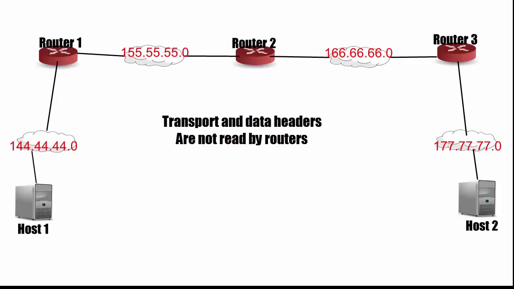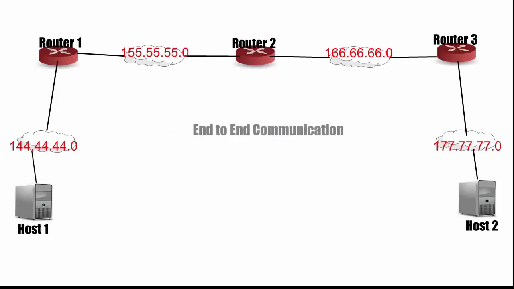The transport layer, along with the application layer, is called the end-to-end layers because they are only looked at by the endpoint hosts. But the network layer, the data link layer, and the physical layer are called host-to-host because these layers are looked at, although not necessarily changed, by every host along the way.